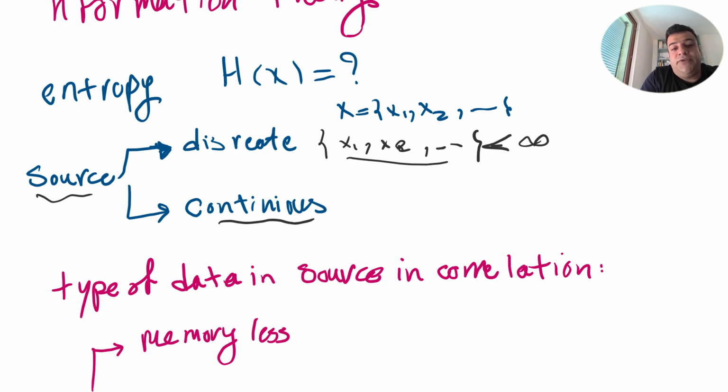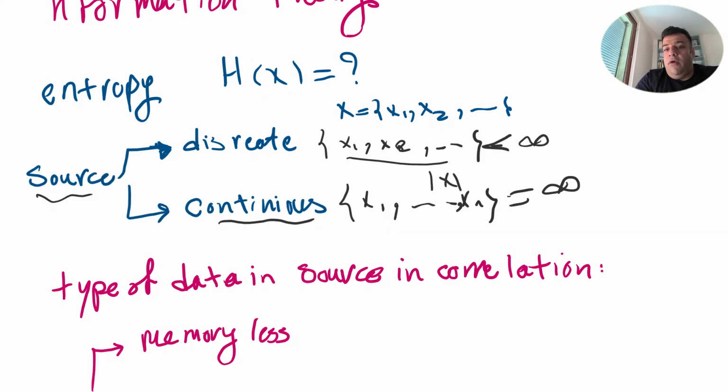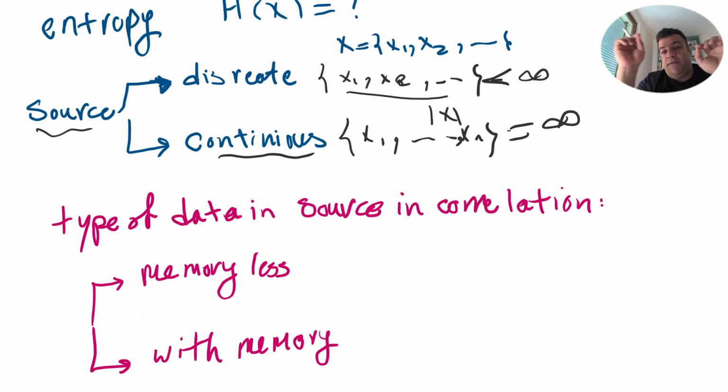But the continuous source is when your alphabet or source cardinality is exactly infinite. Although we have two types of source, the elements of the source may have a correlation together or not.